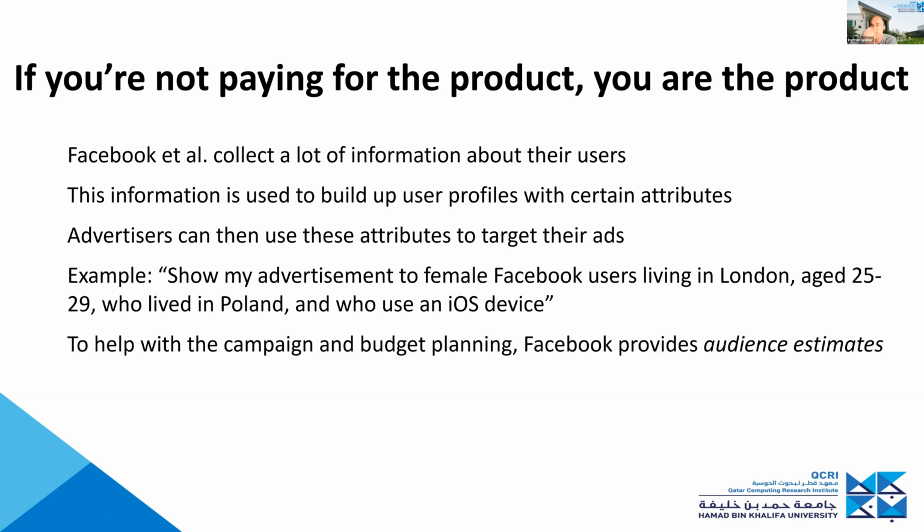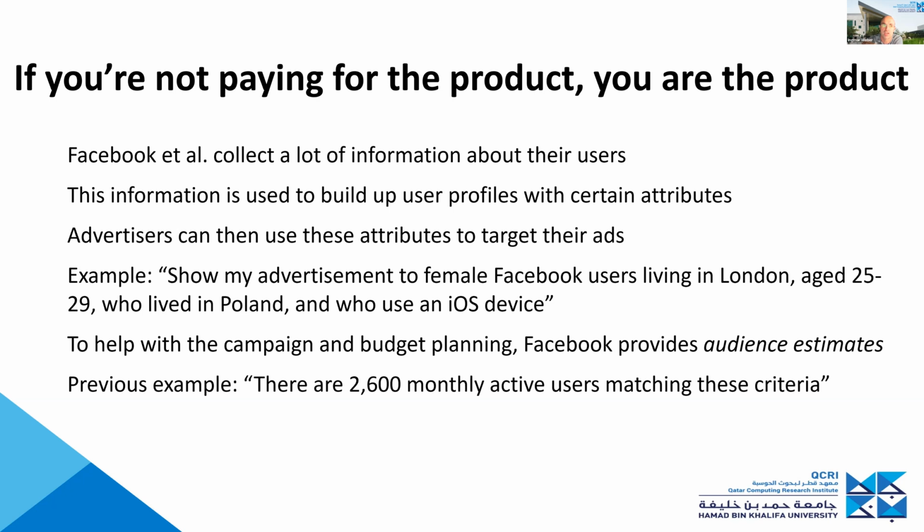And then the crucial thing for this talk is that before you launch your advertising campaign, and so also before you have to pay anything, Facebook provides so-called audience estimates, right? How many people in its inventory match your targeting criteria, right? In this case, Facebook would provide you with an estimate of 2,600 so-called monthly active users, who log in at least once a month, matching your targeting criteria.